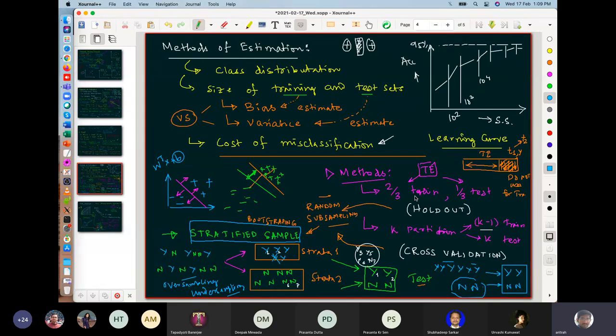But the elements inside the partition can be random and can vary. Agreed? Yes, sir. That's holdout. Okay. K-partition cross validation is where you partition into K and keep the elements inside as fixed. But choosing which partition to keep as a test is random.